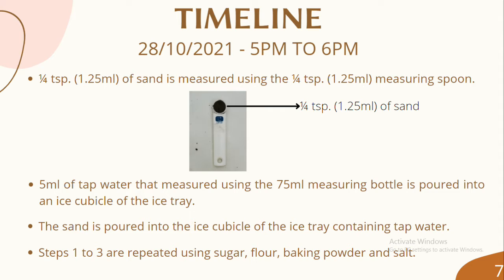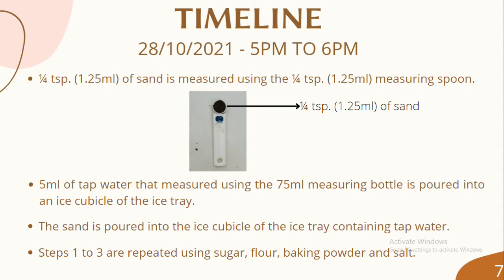The procedure of the experiment starts with 1.25 ml of sand measured using the 1.25 ml measuring spoon. Then 5 ml of tap water, measured using the 75 ml measuring bottle, is poured into an ice cubicle of the ice tray. After that, the sand is poured into the ice cubicle of the ice tray containing the tap water.